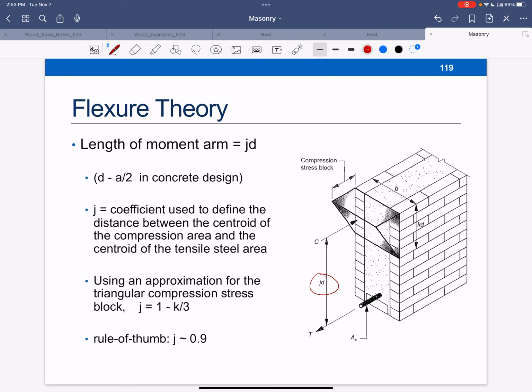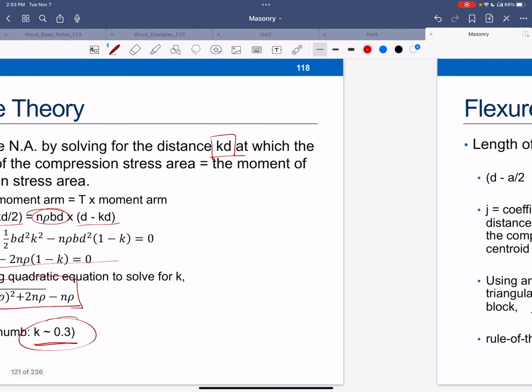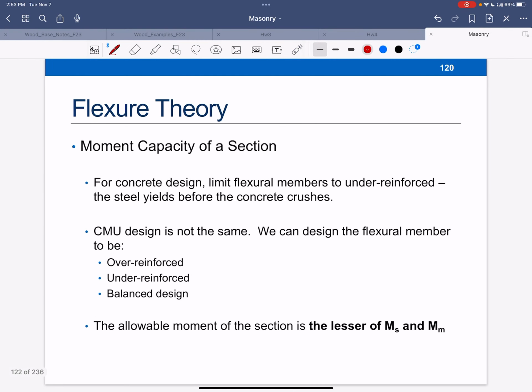If we use this triangle approximation, we know that j is going to be 1 minus k over 3, and the rule of thumb for j is that it's about 90%, which makes some sense. So I'm going to use these two rules of thumb with k and j, and particularly j, to proceed, particularly if I'm designing a section from scratch.